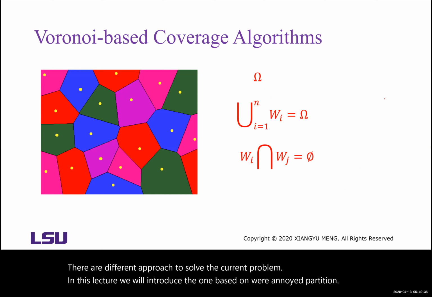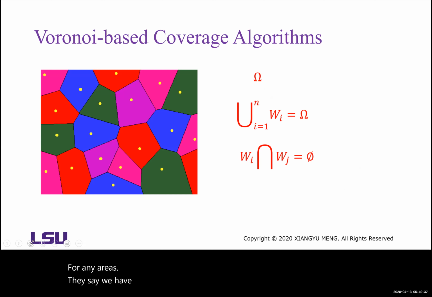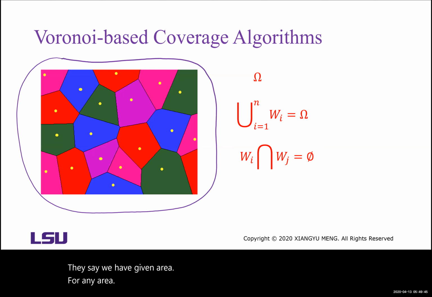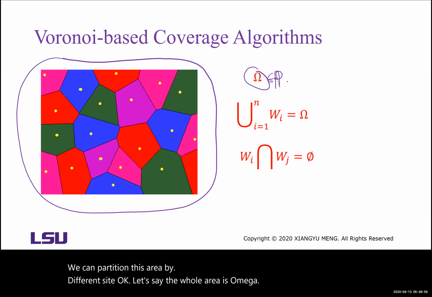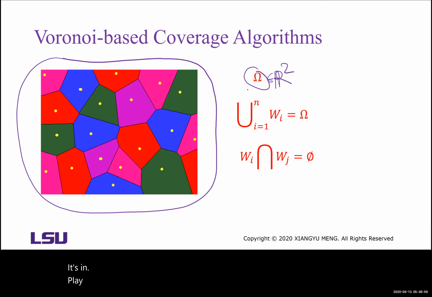Let's say we are given an area. We can partition this area into different sets. Let's say the whole area is omega, in planar, two-dimensional space. Then we partition it as W1, W2, W3, W4, W5, and so on.